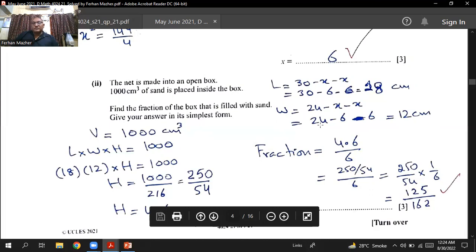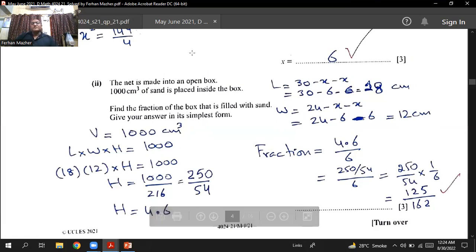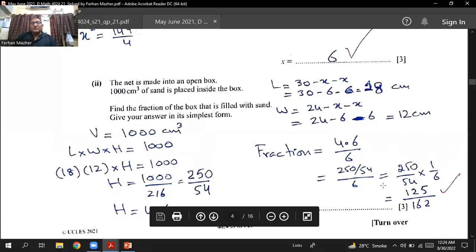So when you divide it, instead of writing 4.6, I have written 250 divided by 54 divided by 6. And that will give you 125 divided by 162. Very simple and straightforward question. Instead of 4.6, I have written that original fraction here because that brings me easily to this fraction.